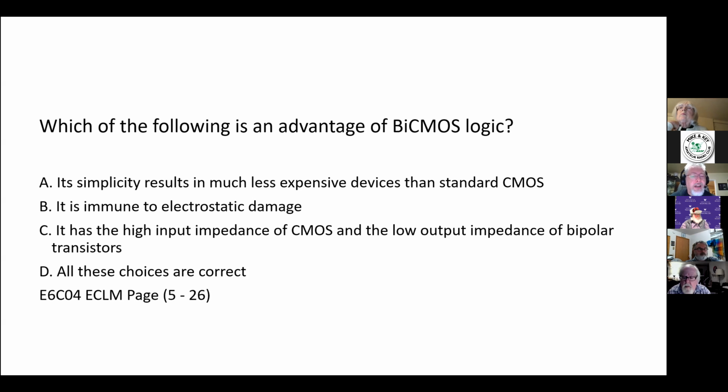C, it has a high impedance of CMOS and the low output impedance of bipolar transistors. Or D, all these choices are correct. C. Charlie is the correct answer. It has a high input impedance of CMOS and a low output impedance of bipolar transistors.